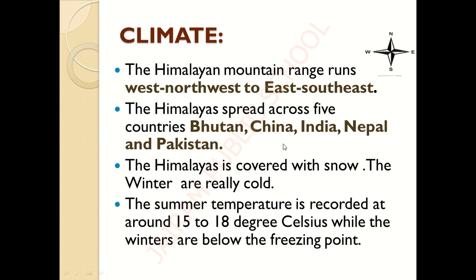Bhutan, China, India, Nepal, and Pakistan. We would all have heard the names of these countries, isn't it? They are all our neighboring countries. So all the 5 countries, the Himalayas spread across.